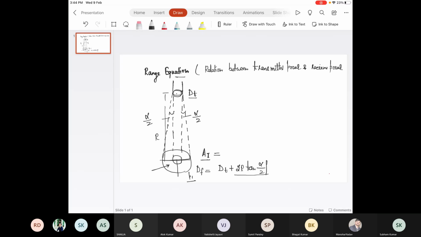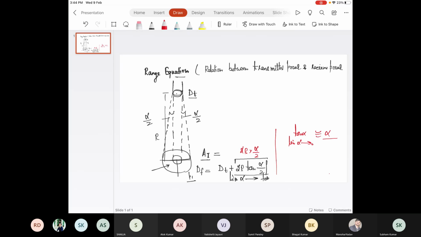If you take the limit where alpha is very small, as you know that tan alpha, when alpha tends to 0, is equivalent to alpha.